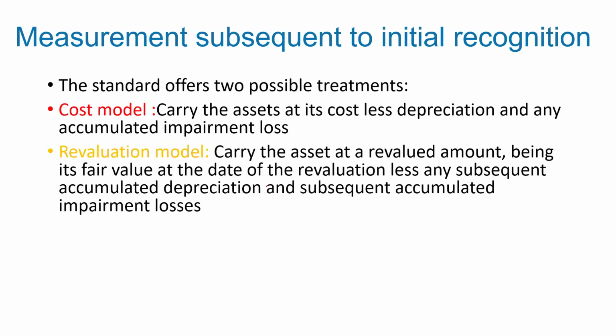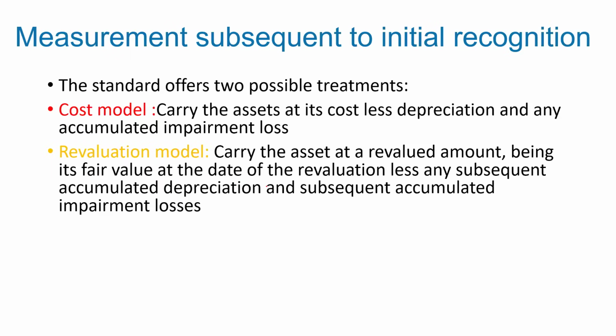If you're going for the revaluation model, then the standard is saying that in subsequent years, you have to carry the asset at a revalued amount, that is its fair value at the date of the revaluation. Any accumulated depreciation and impairment losses are subtracted.